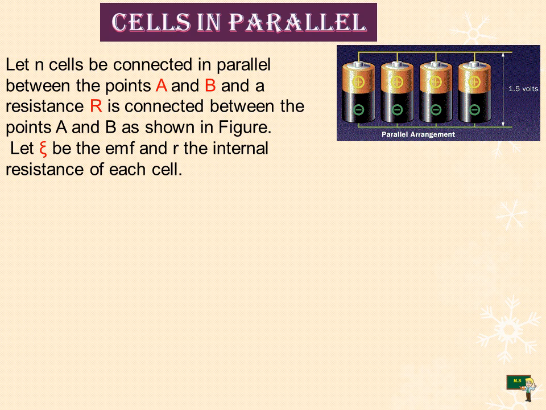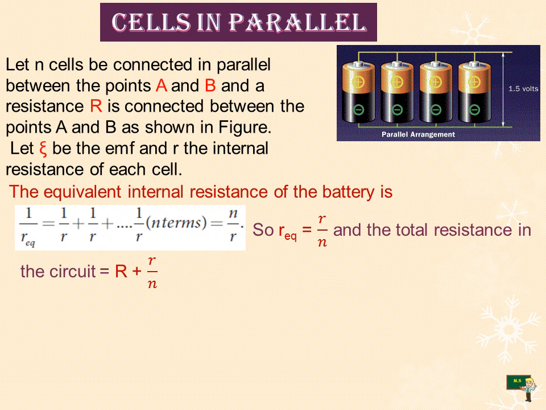Let me explain. Let n cells be connected in parallel between the points A and B, and the resistance R is connected between the points A and B as shown in the figure. Let psi be the EMF and r be the internal resistance of each cell. Therefore, the equivalent internal resistance of the battery is 1 by r equivalent equals 1 by r plus 1 by r plus and so on till 1 by r into n terms.